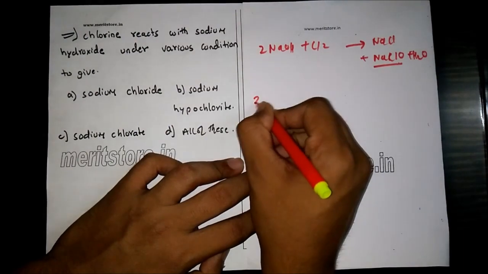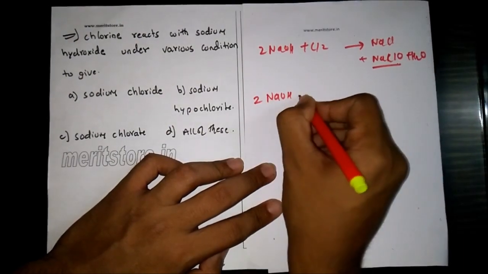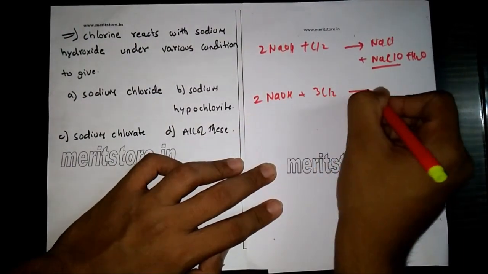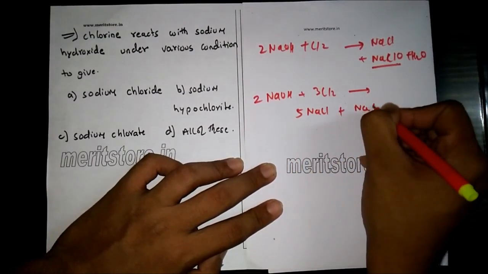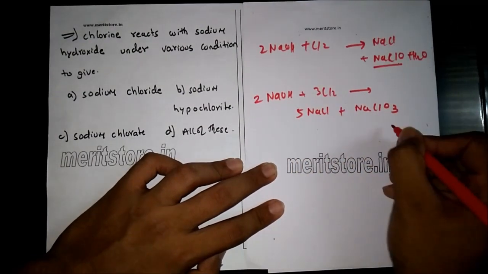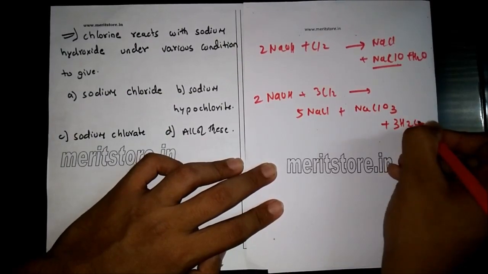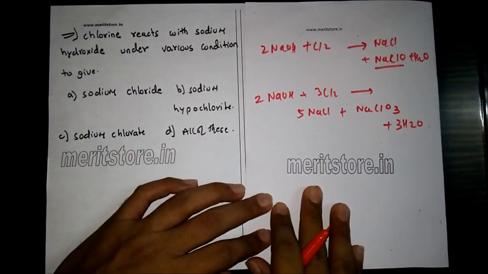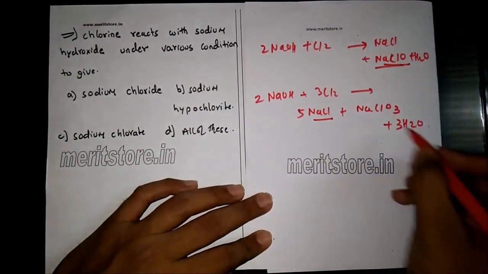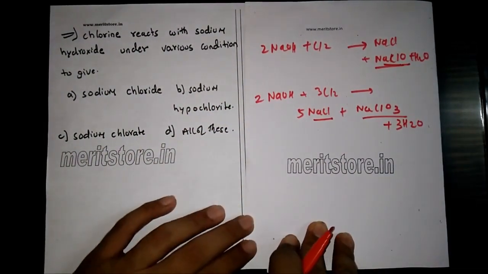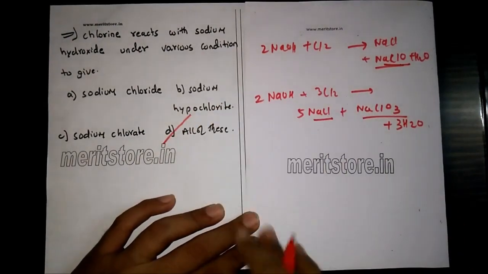Now, under hot conditions, concentrated NaOH reacts with Cl2 to give 5NaCl plus NaClO3, which is sodium chlorate, plus 3H2O. Therefore, under various conditions, we get sodium chloride, sodium hypochlorite, and sodium chlorate as the answers. Therefore, the correct answer is D, all of these.